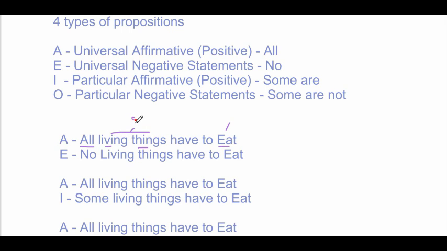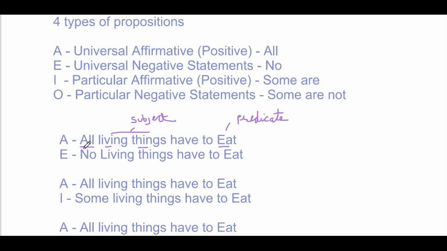Living thing is known as the subject that we are talking about, and eat is the predicate. This is very important to understand because we'll be referring to subject and predicate again and again. Predicate states what the subject is, or its action, or what it is doing. So it is eating. That is, it has to eat. What has to eat? The subject has to eat. And what is the subject? Living things is the subject.